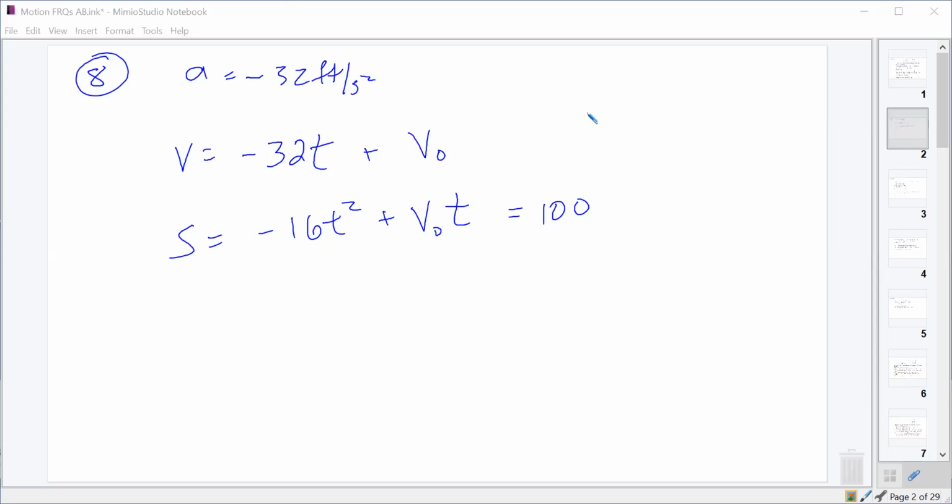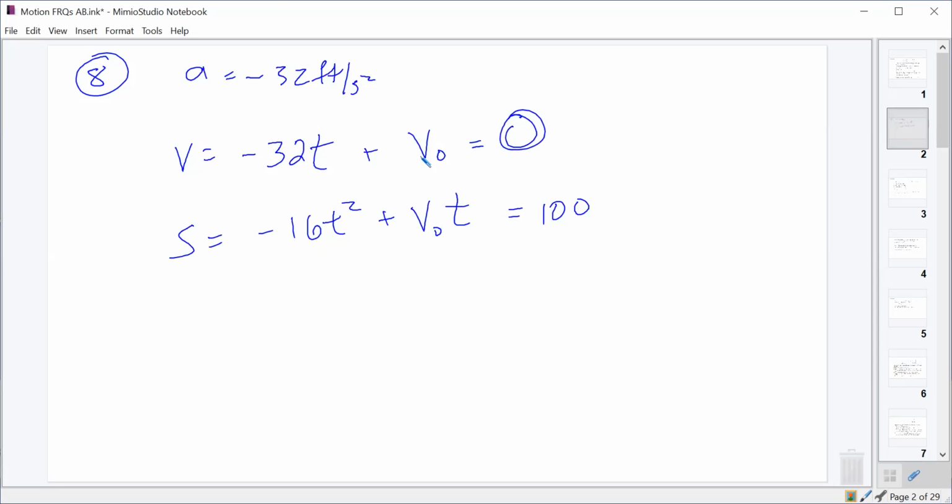Okay, so to finish this off, we need to figure out when it reaches that 100 feet. That means our velocity in the end needs to be 0. If we set that equal to 0, we can solve for t or for v naught.